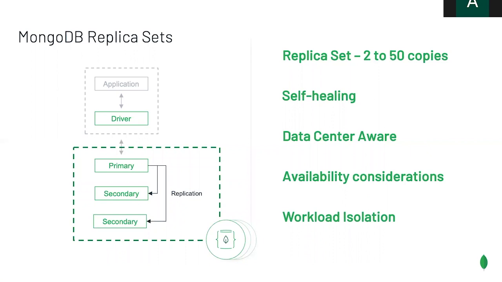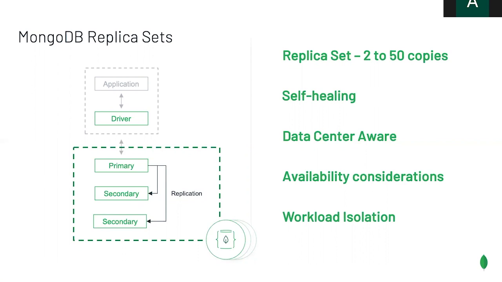All the nodes are synchronized between each other, and they automatically select a primary node. This is where the writes and most of the synchronization happen. If the primary fails, MongoDB automatically fails over to another primary, and the cluster selects the next primary based on its own internal voting mechanisms.